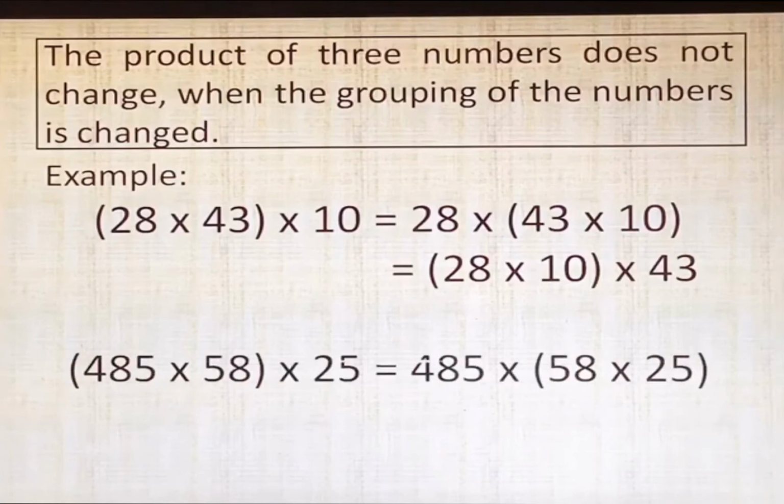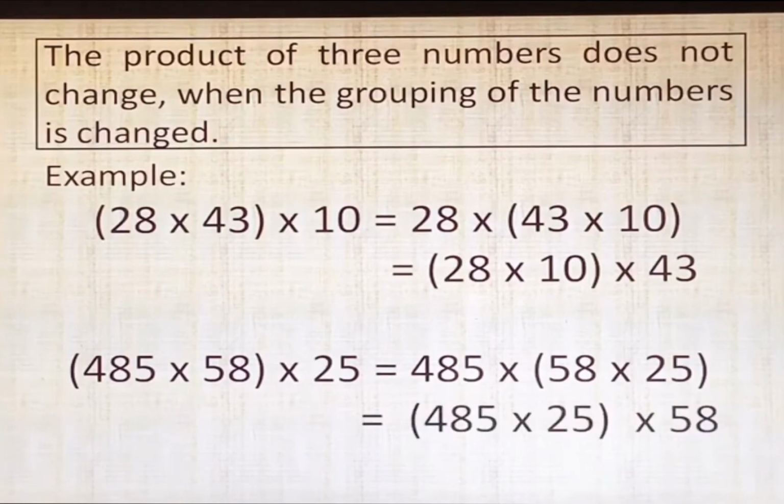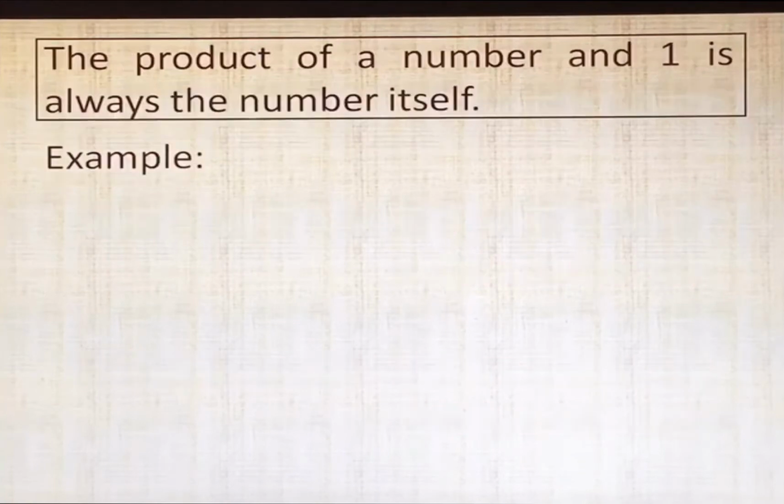In the same way 485 into 58 first will be multiplied, then their product will be multiplied with 25, and in second 58 into 25 and their product will be multiplied with 485. Another combination again here is 485 into 25 into the third number.